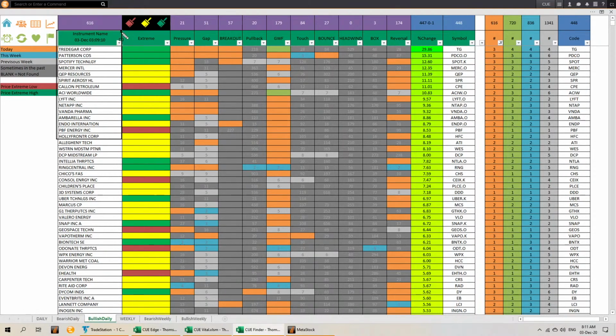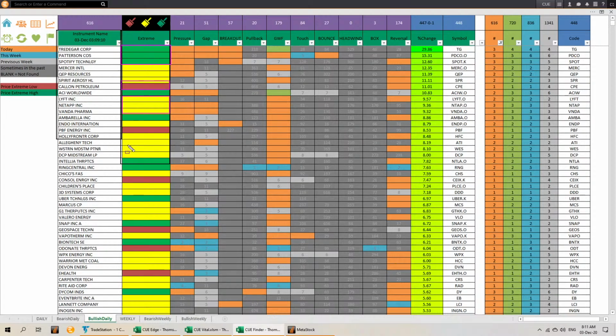The second column is showing price extreme or pendulum level. That is, these signals are coming when the stock is already at price extreme high, the green levels, price extreme low, the red levels, or price extreme middle, neither high nor low, yellow levels.